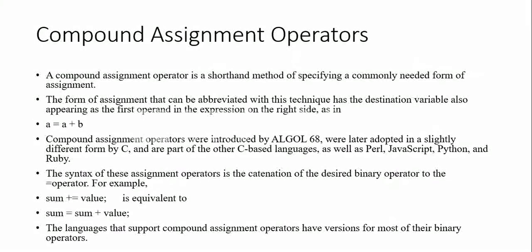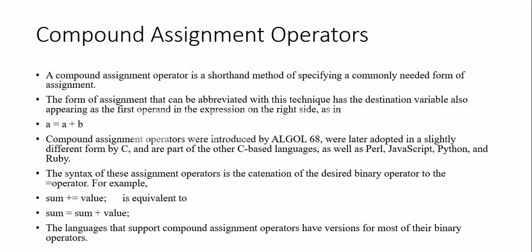They have been adopted by the C language, with slight differences in the form, and are part of the other C-based languages as well as Perl, JavaScript, Python and Ruby.